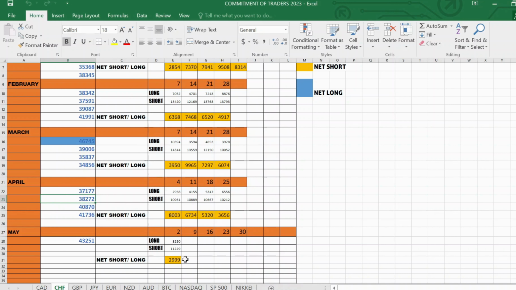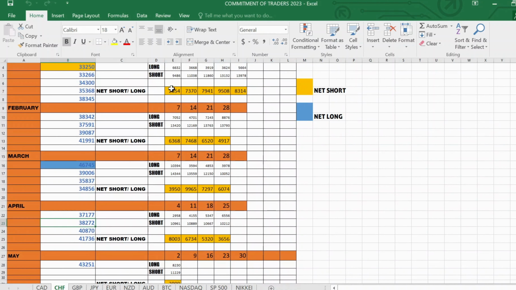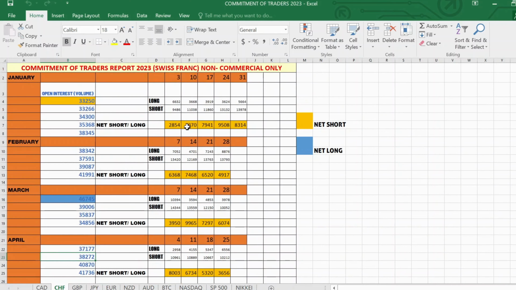The professional money is neutral on the CHF because the net short is low, almost the same as the lowest it has been, which was on January 3rd.